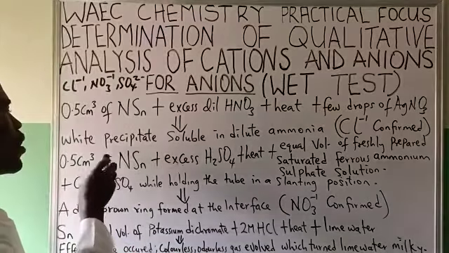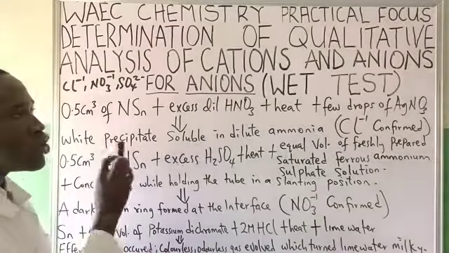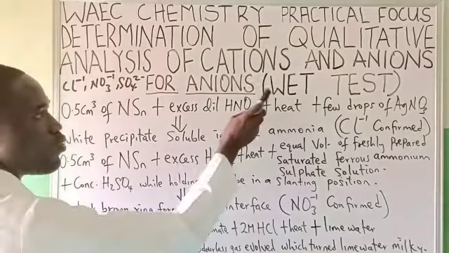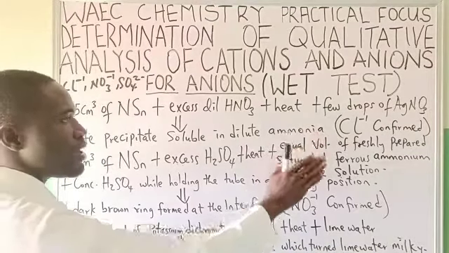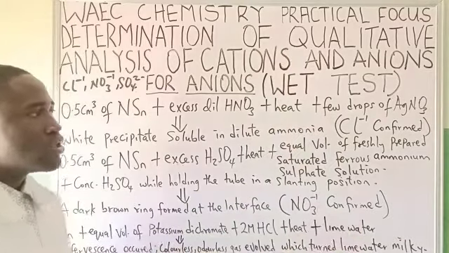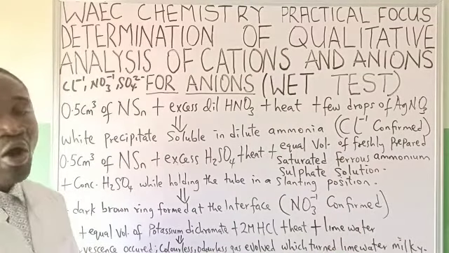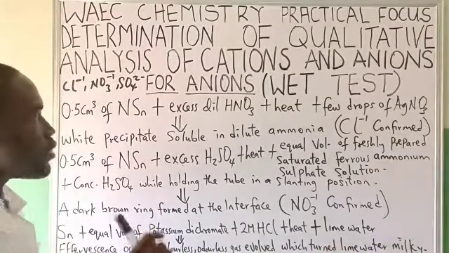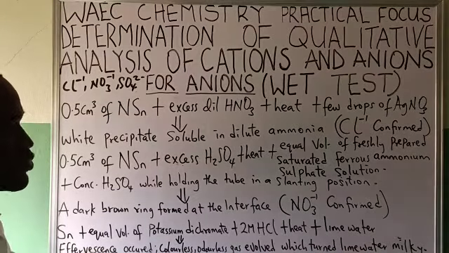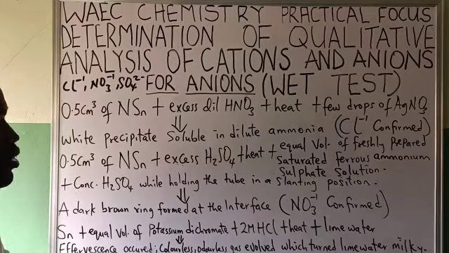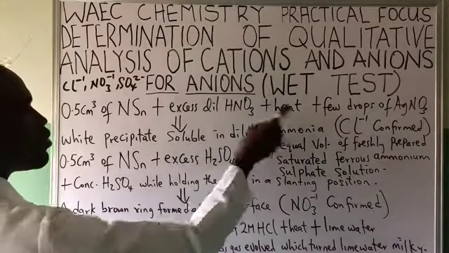That is why we are preparing sodium carbonate extract. That is a wet test, because when we do that, we will be able to confirm that this acid radical or anion is present or not present.